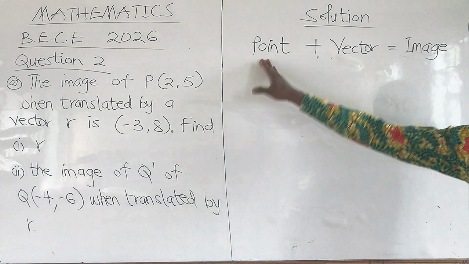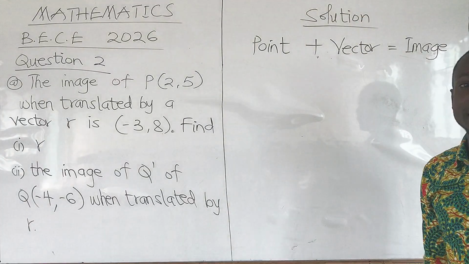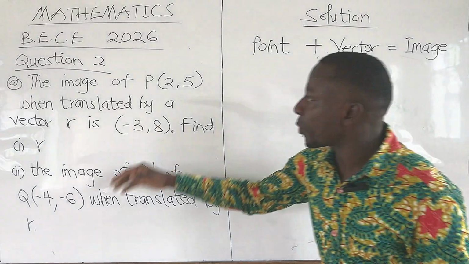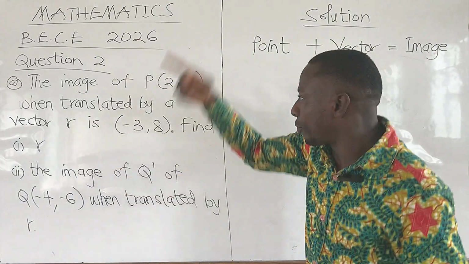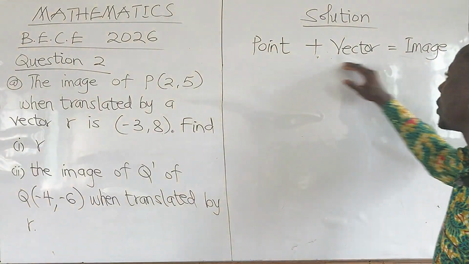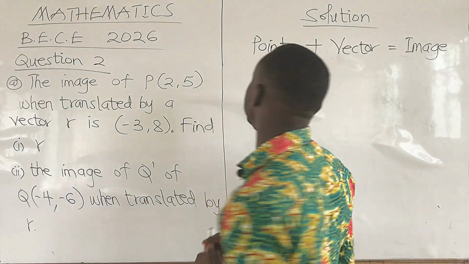So the human being, in addition to the camera, then we are going to get the picture or the image of that object. Quickly, from the question, the image of this point, being (2, 5). But because of the vector, we are going to write the point in a vector form.